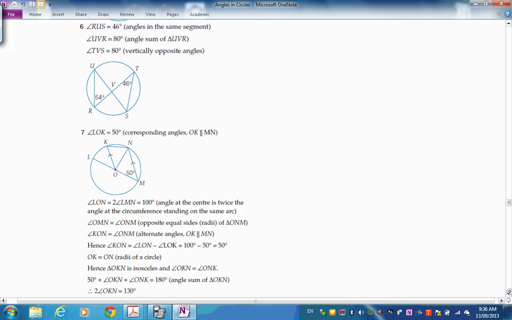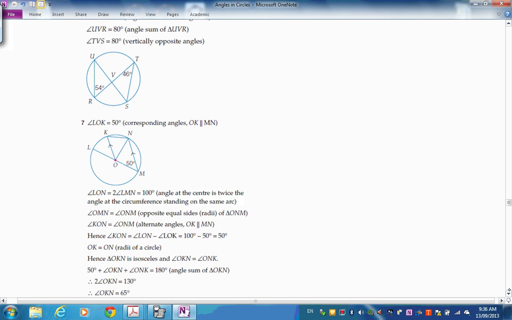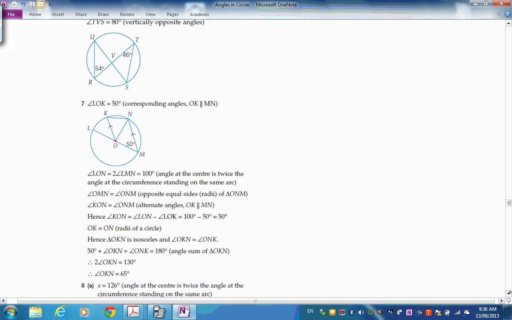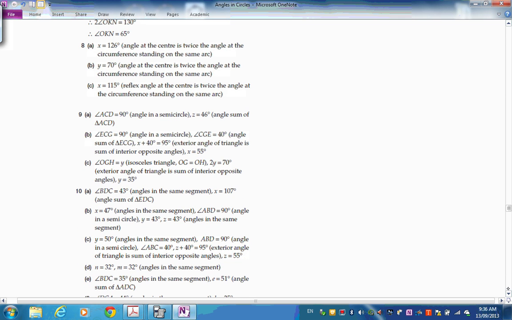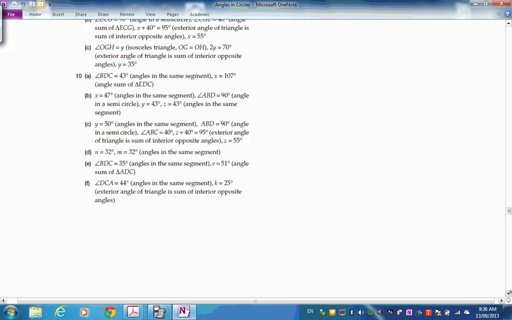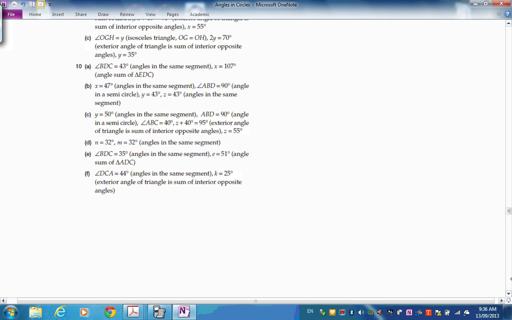Question 6, let's see if we can get all of 7 in there. Come up to 7 then. 8 and 9, and 10.